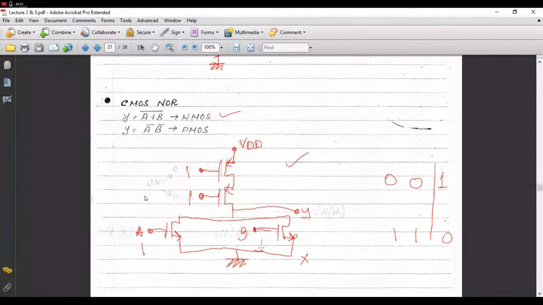Here 1, here 1. The PMOSes will be off, only the NMOSes will be on. Even if they are on, it doesn't matter because electricity cannot flow, because these two PMOSes are off. As a result, we get a 0 at our output.